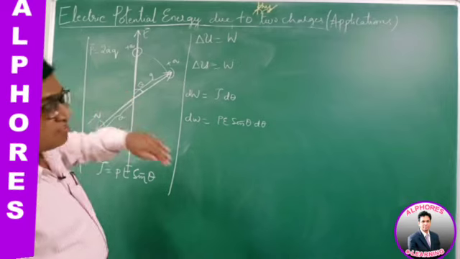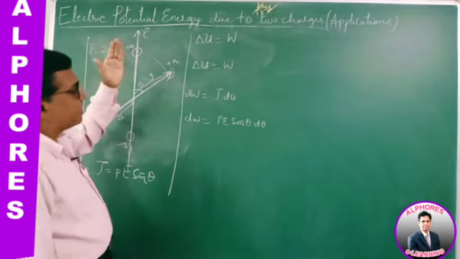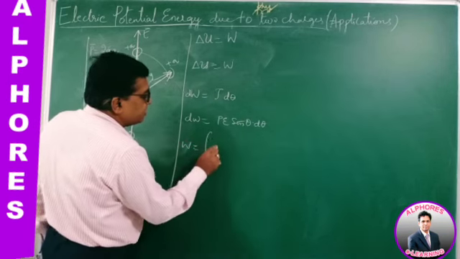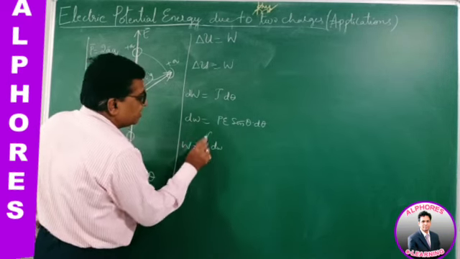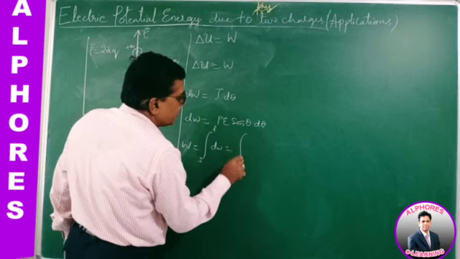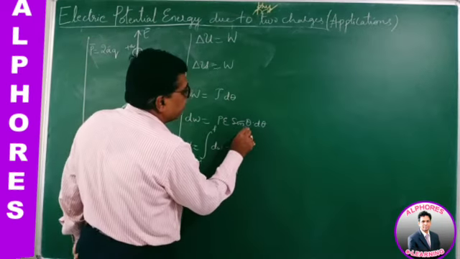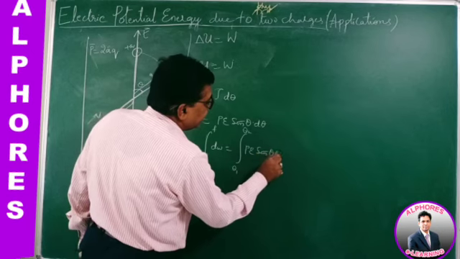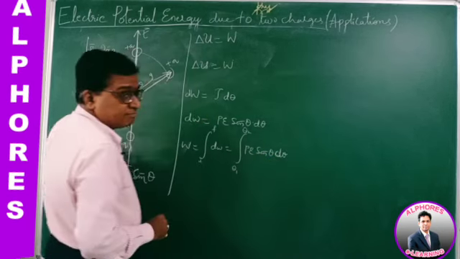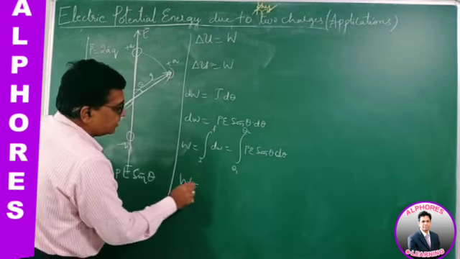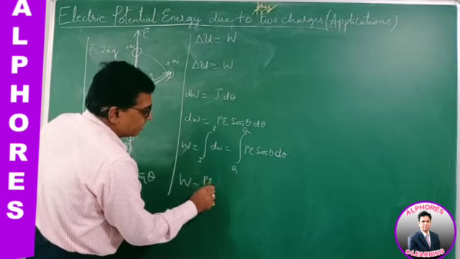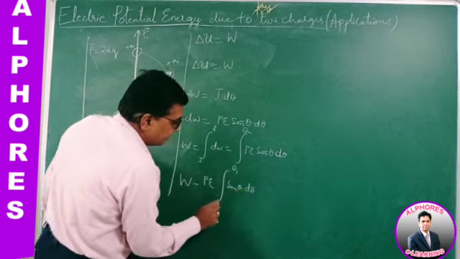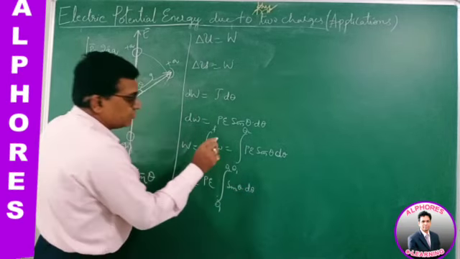Now the total work done in moving it from some angle theta 1 to theta 2, from initial position to final position, is the integral of pE sin theta d theta. pE is constant, so the integral of sin theta d theta, from theta 1 to theta 2.